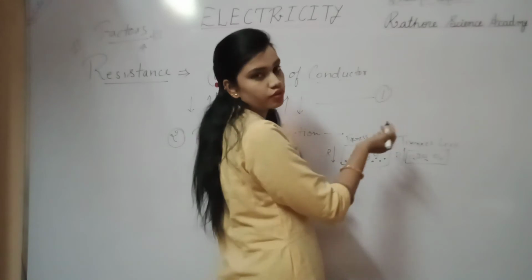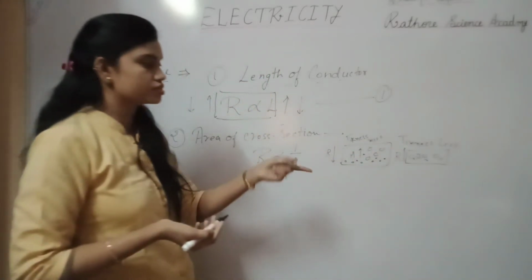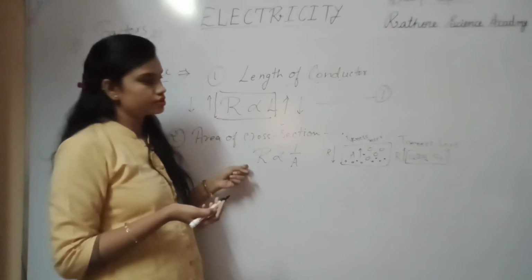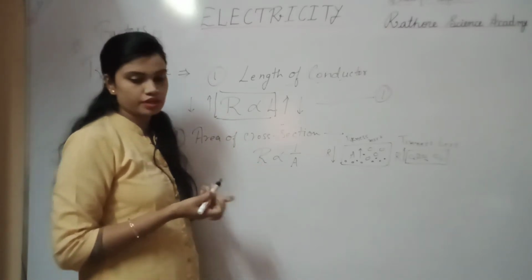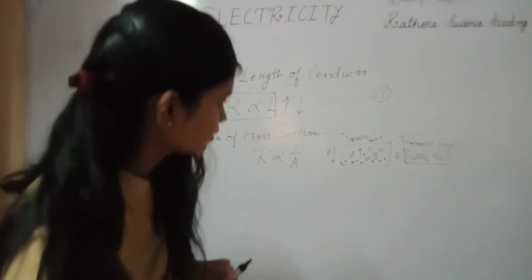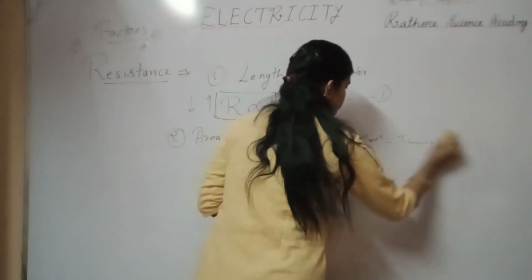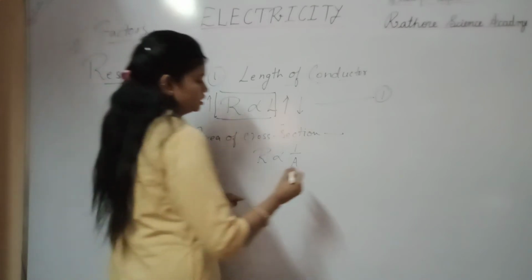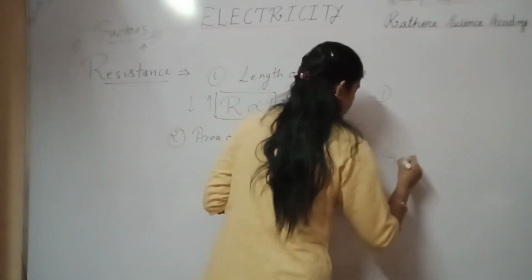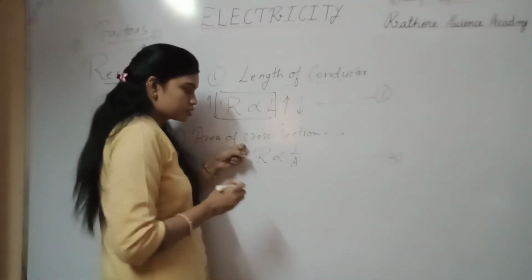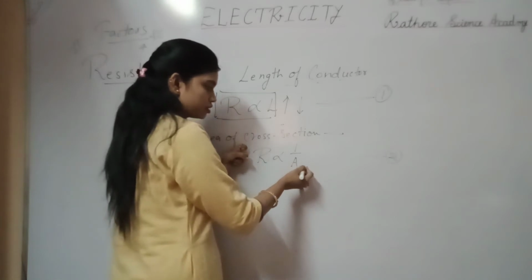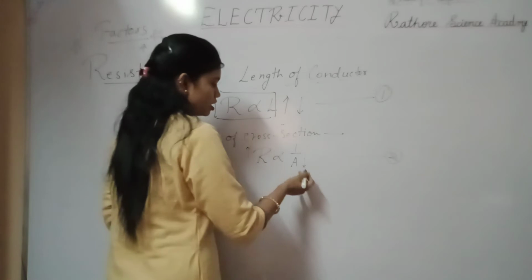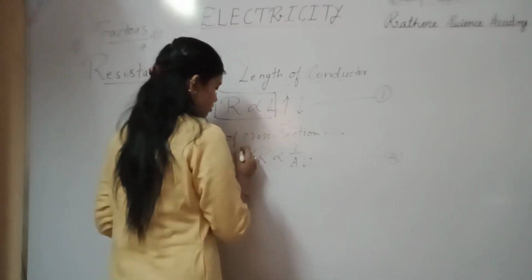So resistance of a wire is inversely proportional to area of cross section. This will be our second equation. If area of cross section decreases, resistance will increase, and if it is increased, then resistance will decrease.